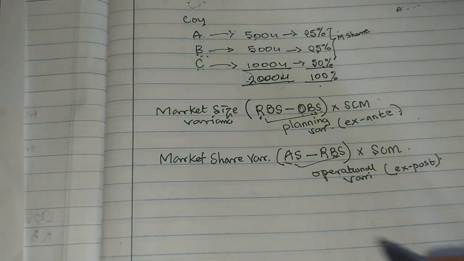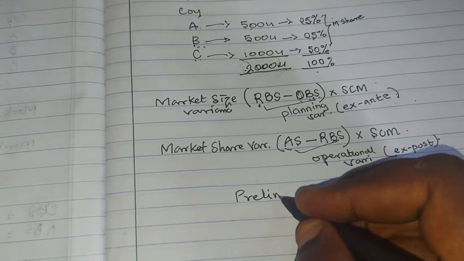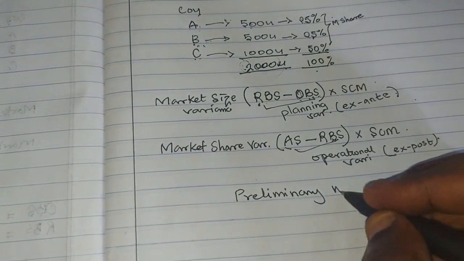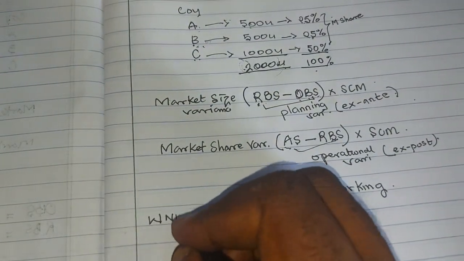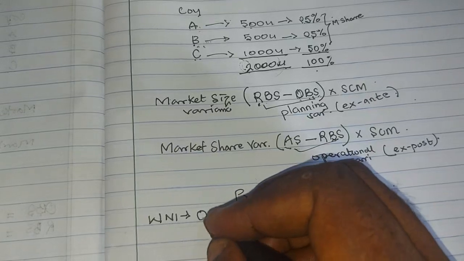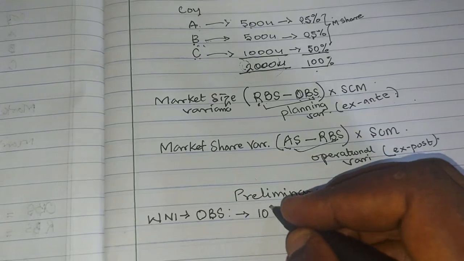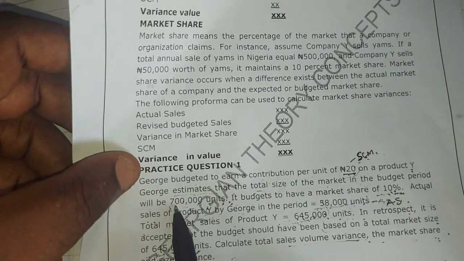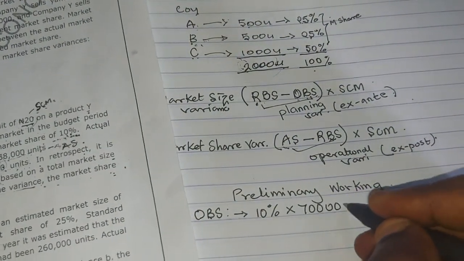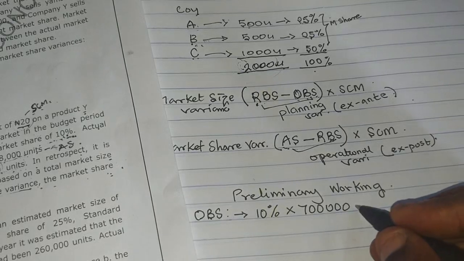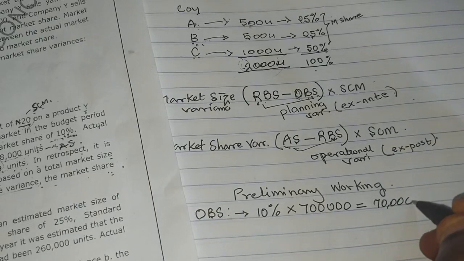Based on this question, you need a working note first. Working note 1 is to calculate the original projected sales. Our original budgeted sales is 10% of 700,000 units, which is the original market size, and we expect 70,000 units.